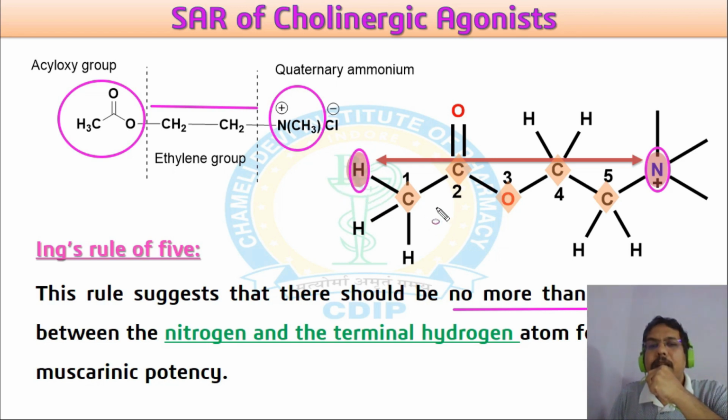If you look at acetylcholine, there is 1 atom, 2 atom, 3 atom, 4 atom, and 5 atom.